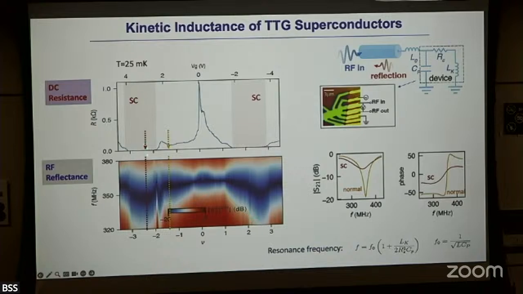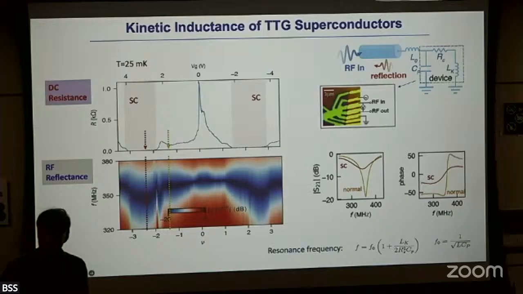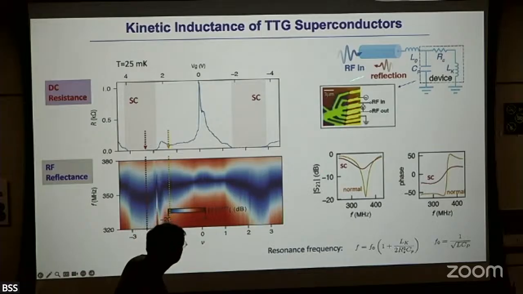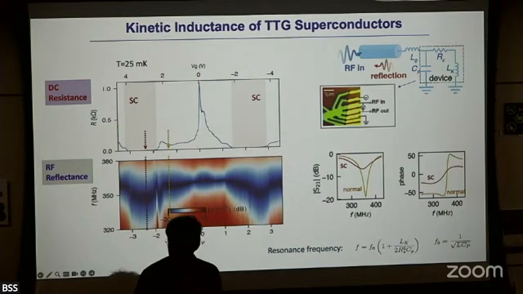If I make this cut, you can see a dip appears, some sort of resonance, and as you change the gate voltage, the resonance changes. Its width and position change. At the same time, if you look at the phase signal, the phase also shifts. So the magnitude, frequency, and phase shift because everything is fixed except that by changing the gate voltage, the inductance changes, right?